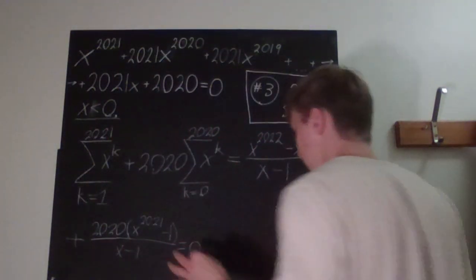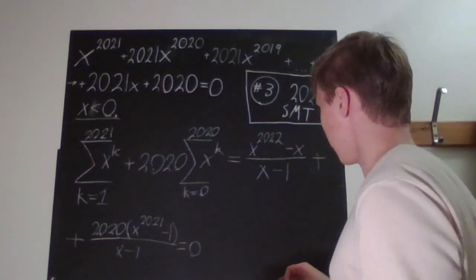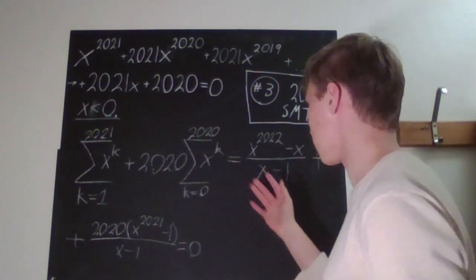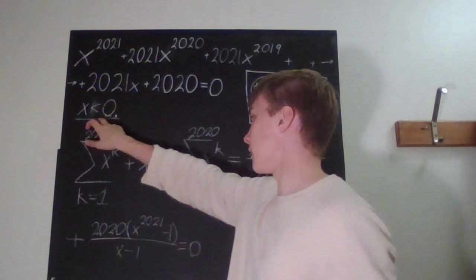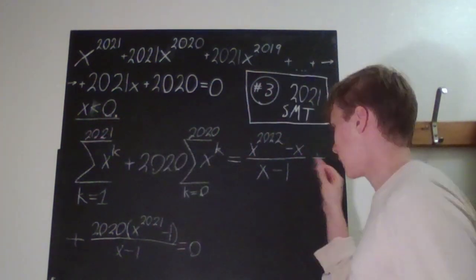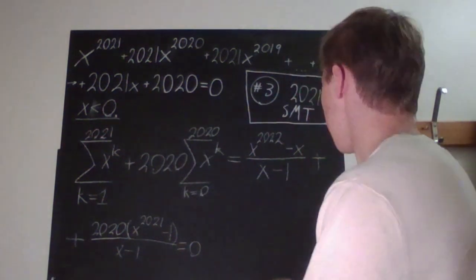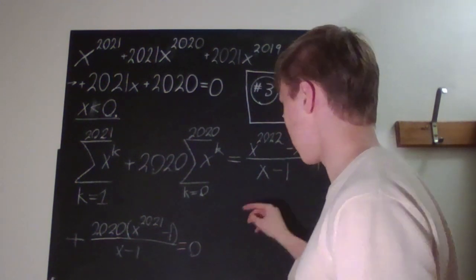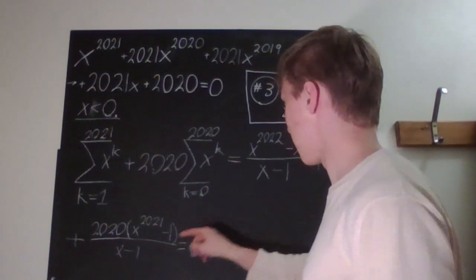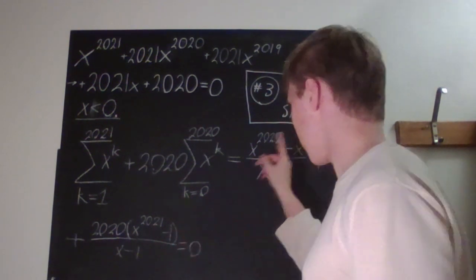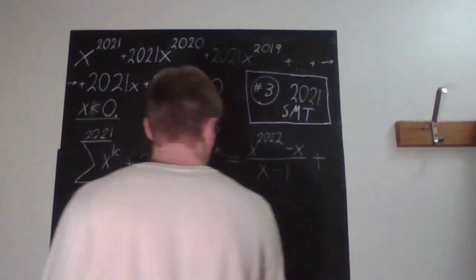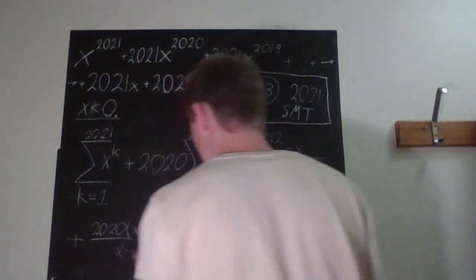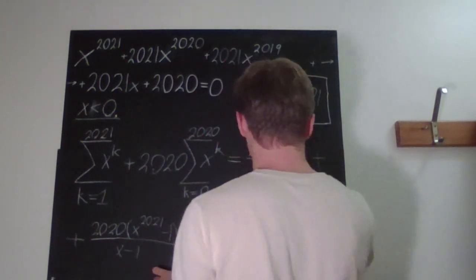Okay, now let's look. We know from the geometric notation that x can't be equal to 1, and that is obviously stated in this. So we multiply both sides by x minus 1, and then we factor out those. Okay, wait, I'll just write it out. My chalk broke. So we factor out this from that.